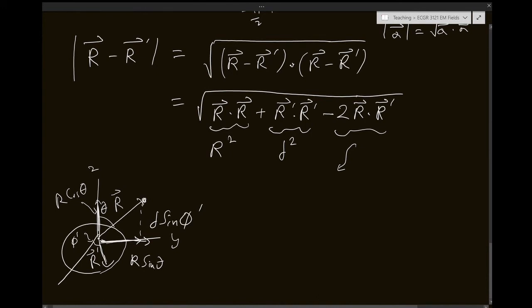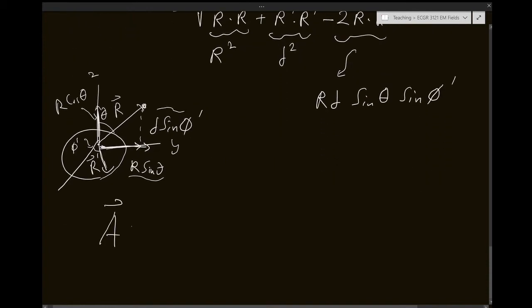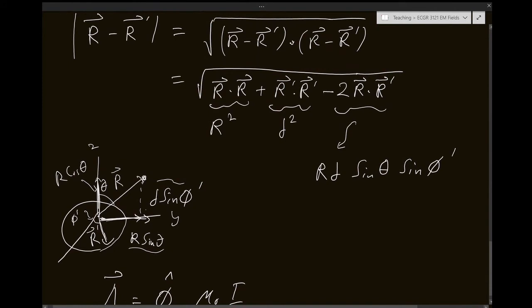So the projection is this times this, so r dot r prime is going to be r d sine theta sine phi prime. So now I can write my A as phi hat. And this is a very general argument. I assumed that phi is at pi over 2, but that does not make the result less general, because the result ultimately will not depend on phi.